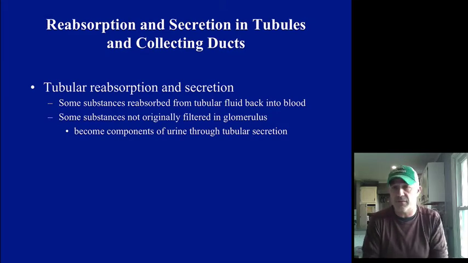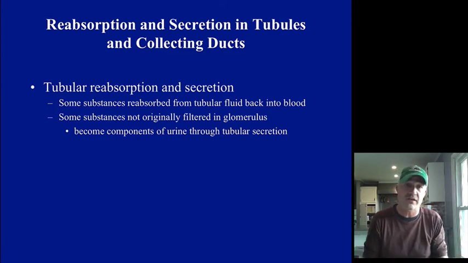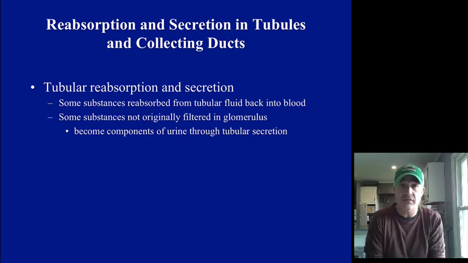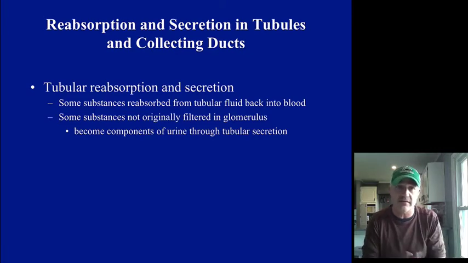So like it says, there's some substances reabsorbed from the tubular fluids back into the blood, and some stuff that is not part of the filtrate originally, we can secrete into that. Again, whatever is in these tubules by the end of this, as they're starting to move their way down to the collecting duct in the renal papilla, is going to become urine at that point. So like I said, a lot of this is about modifying what is in that filtrate.